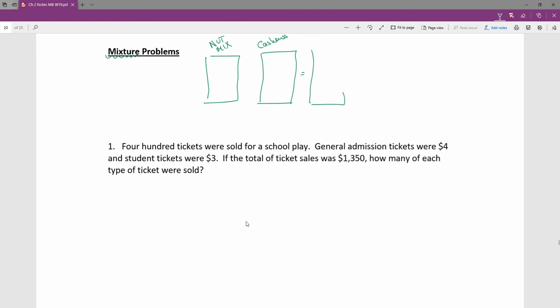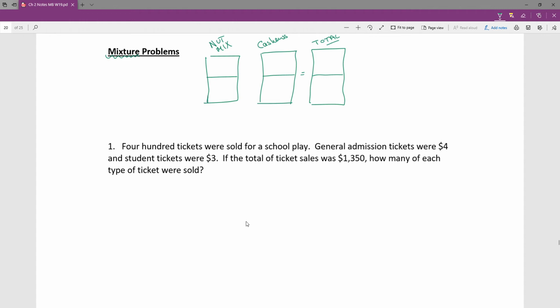And if we were being honest and truthful, we would pay the adjusted price based on how many cashews and how many nuts we have in there. So this idea that this is the total, right? This is the total mixture of different kinds of things, whether these are different coins, different tickets, different kinds of things. So different substances. We're going with the nuts in the bulk food section.